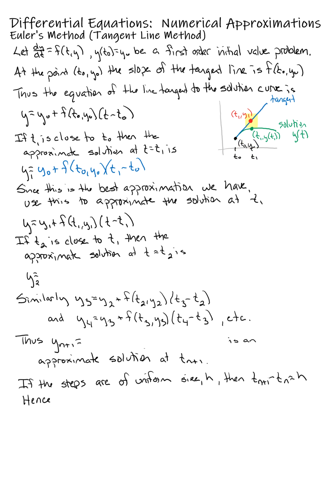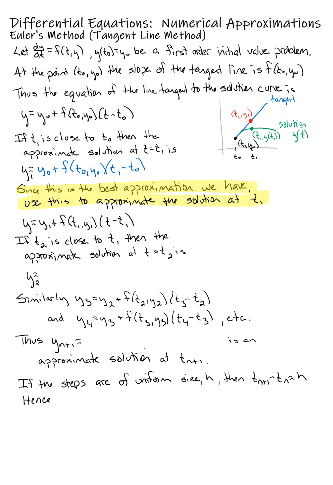So I have a t value, I've just approximated the y value, and you can see that it is a little off from my actual value, but hopefully if my t1 is close enough, it won't be too far away. So as long as t1 and t naught are really close to each other, this approximation can actually be pretty good.